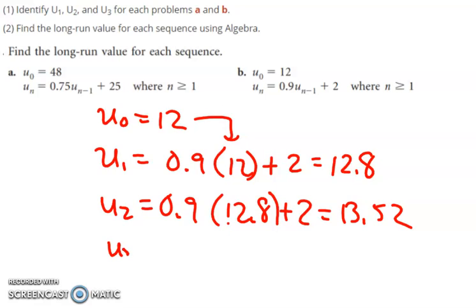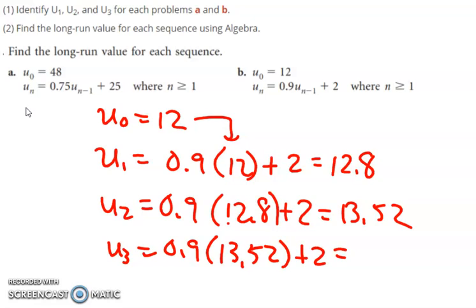And the last one, U of 3, is equal to 0.9 times 13.52 plus 2. And that answer is 14.168. So again, take the previous answer and stick it back into our recursive formula to get to the next answer.